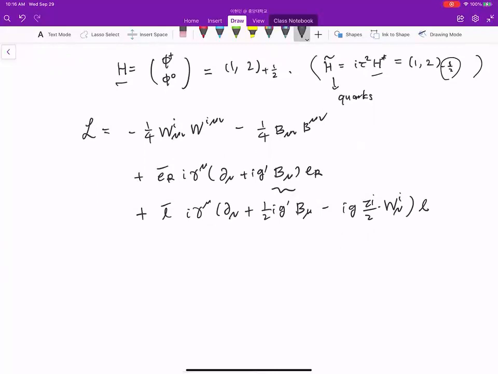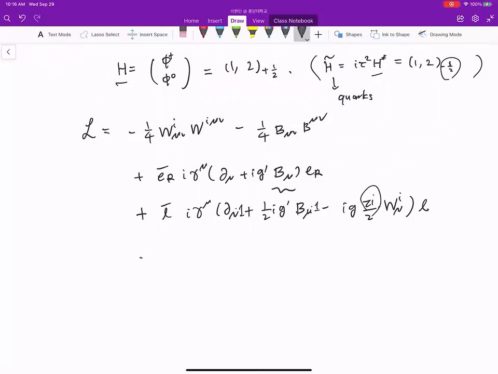So here we omitted the 2x2 identity matrix. Here the hypercharge and also the gradient, the derivative, have a 2x2 identity matrix that is omitted implicitly there. And there's also a Pauli matrix, right?